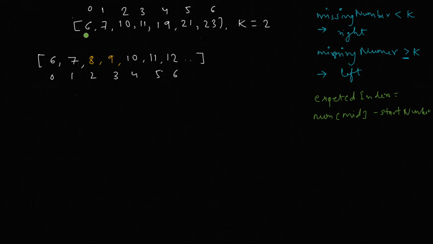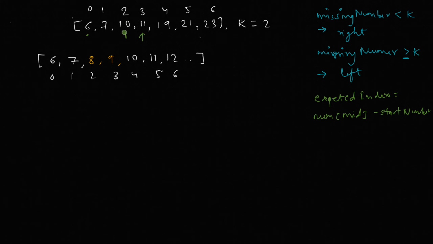This is a little tricky example, but let's see. If we are at 11, what is the index that we expected to have? We expected to have index 5. How do we come out with that? You just take the number that is here and subtract 6. 11 minus 6 gives you 5. That is the index that you're looking for.